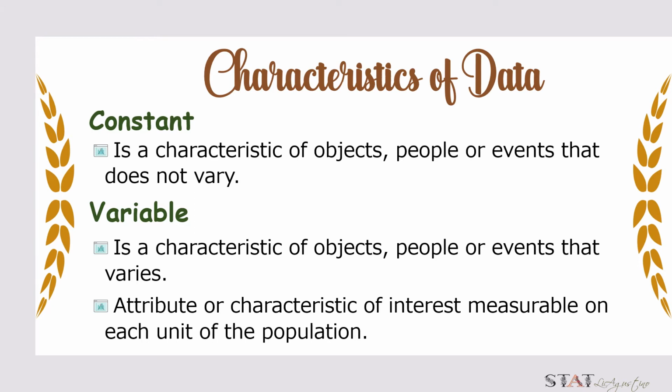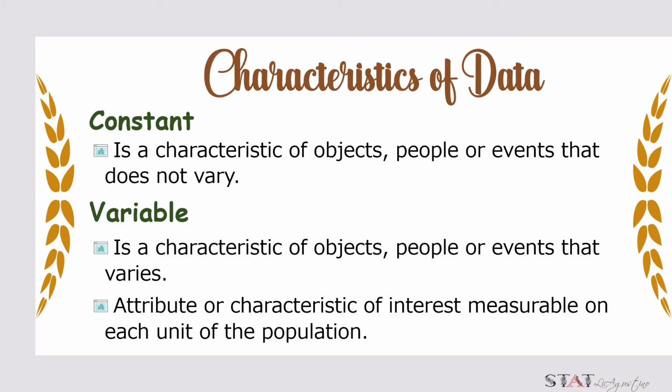But remember, a constant and variable could also be limited to your population. For example, religious affiliation as Seventh-day Adventist, when my population is Negros Occidental, then it can be a variable because some people are Roman Catholic, some people are Adventist, some people are Baptist.